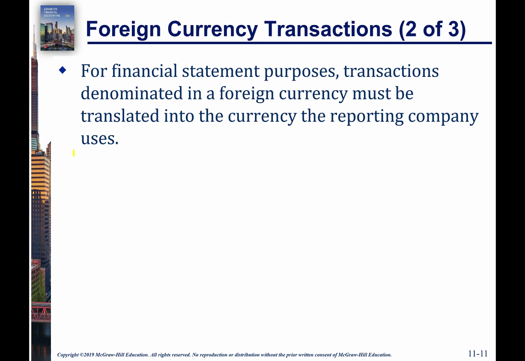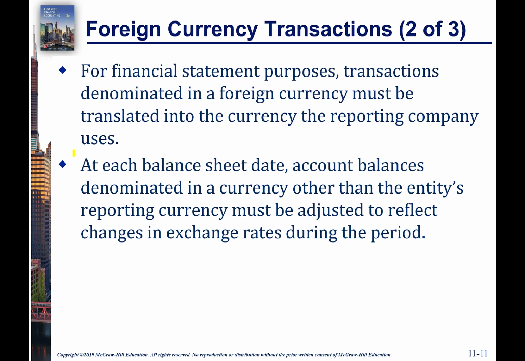Now when we do this, we will have transactions that are denominated in a foreign currency, and then we're going to have to turn those over to the reporting company's currency, which for our purposes will always be the US dollar.